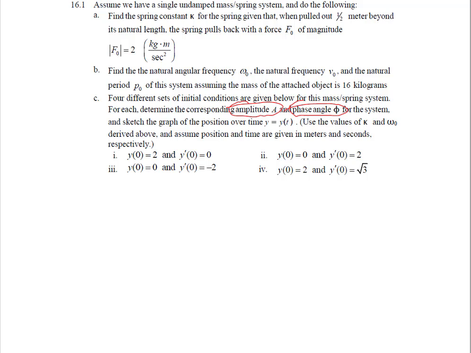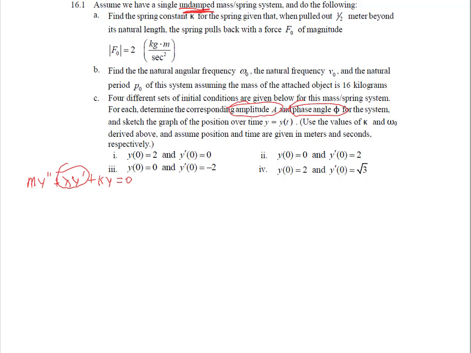We know that for a spring, our differential equation is going to be mass times the second derivative plus the coefficient of friction times the first derivative plus kappa times y equals 0. And we were told that this was undamped. If it's undamped, we know that lambda is 0. So we have just m y double prime plus kappa y equals 0.